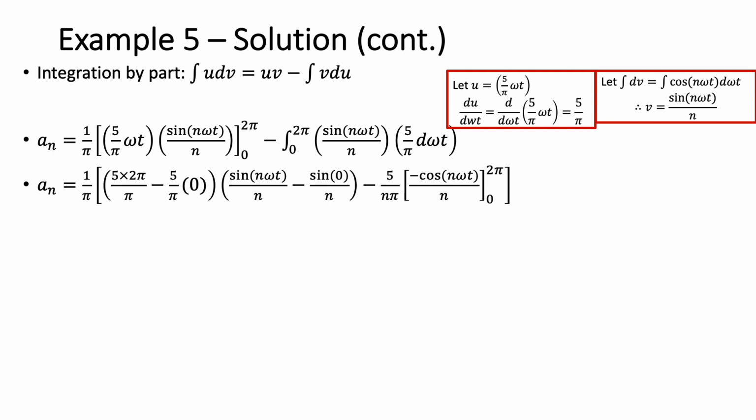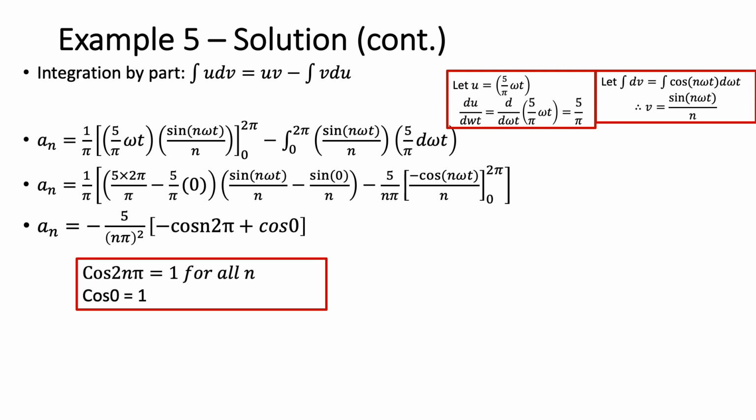Solving this equation, we have finally An equals minus 5 over n pi squared times minus cos n 2 pi plus cos 0. Refer to the red box that I include in the slide and substitute the values. Finally, we have our An equals 0.